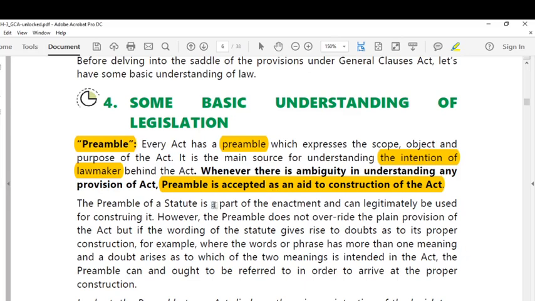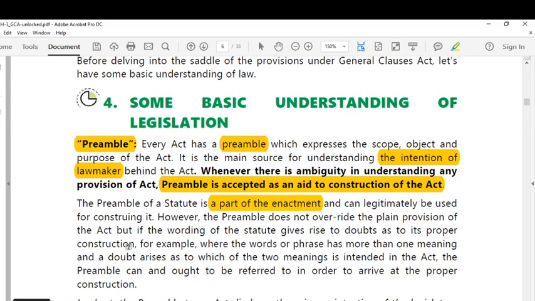A preamble of the statute is a part of the law and can legitimately be used for constructing it.